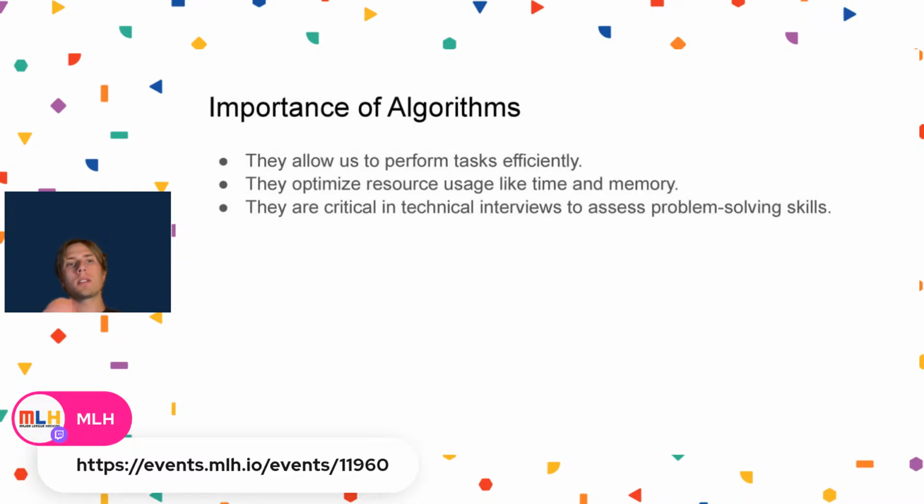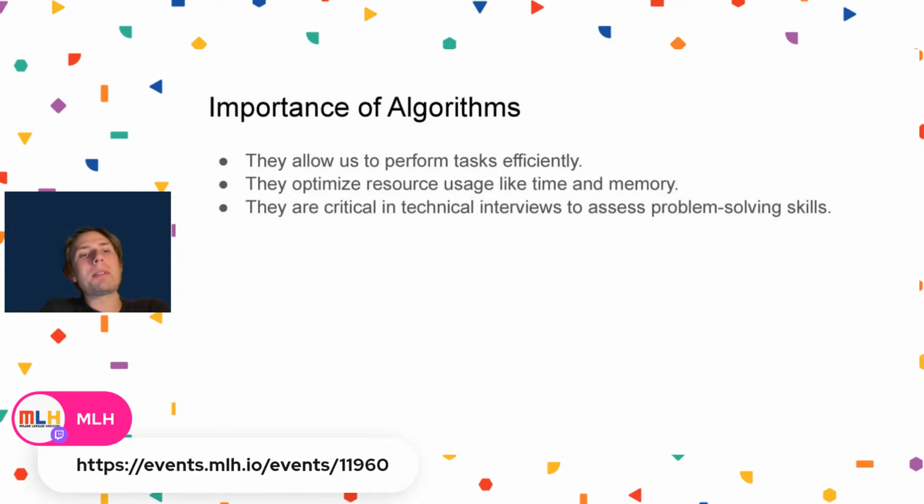So let's start first with the importance of algorithms. They really allow us to perform tasks efficiently. It's of course possible to manually sort data, even if you have millions of rows of data. But honestly speaking, it's way better to use algorithms than to do that.